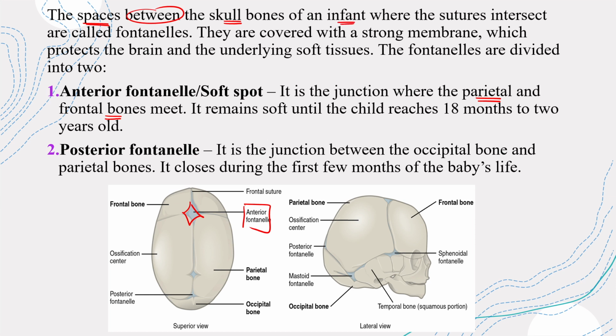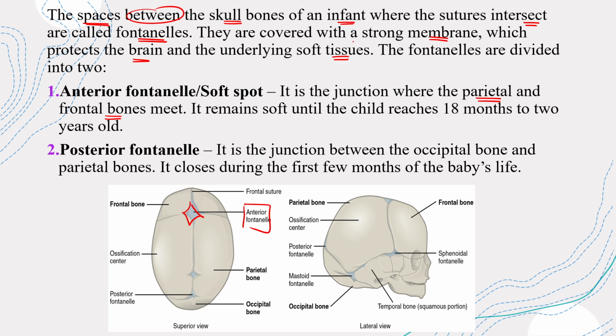It is only present in the baby skull, where the sutures intersect, and they are called fontanelles. They are covered with a strong membrane. These structures are covered with a strong membrane which protects the brain. So it is for the protection of the brain and the underlying soft tissue.